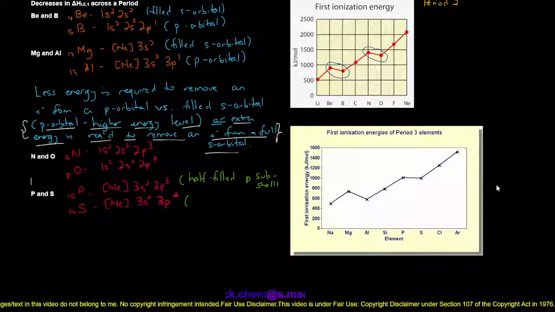So I just want to come across here and draw what this p4 subshell would look like. We would have 3 electrons filled in of equal spins, and the 4th electron would spin pair. The electron which we are removing from that p4 subshell would be from the spin pair.